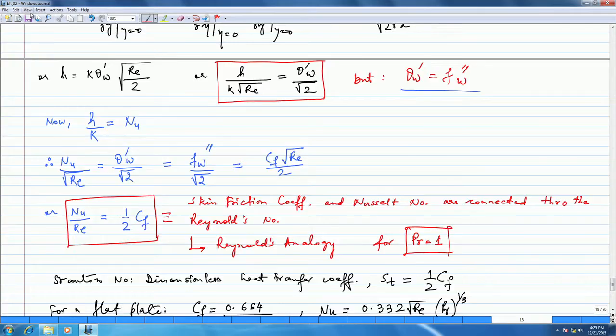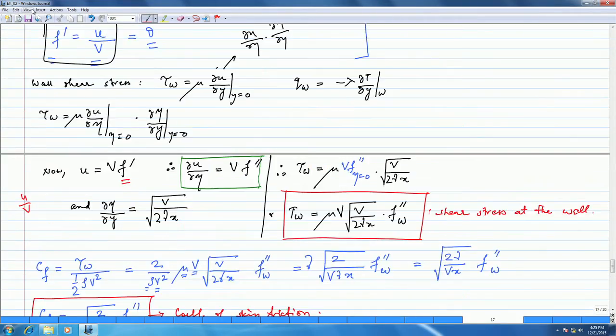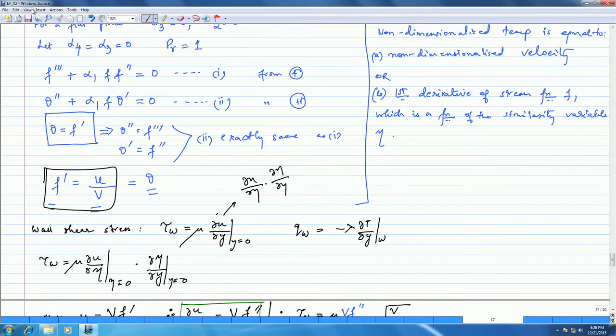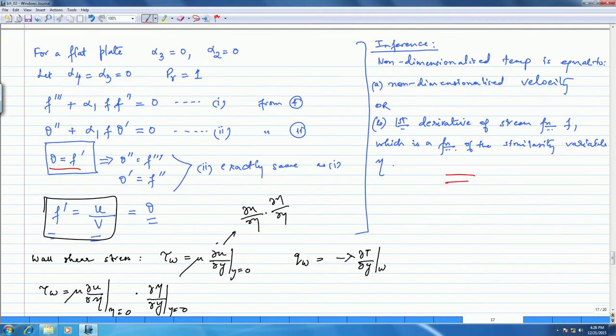It's very important to remember that when we are using this, for example this last one, there are conditions here. So when theta is this, then we wrote this down. That's because, for a flat plate, alpha 3, alpha 2, alpha 4, alpha 3 Prandtl number. These are things you need to remember.